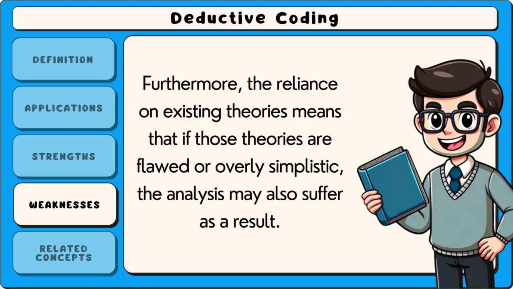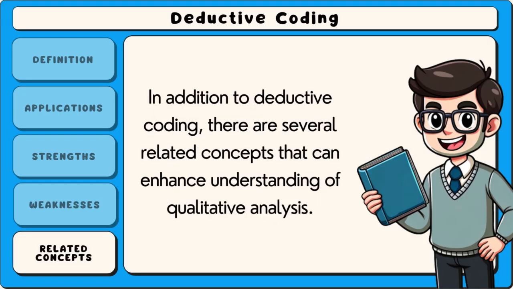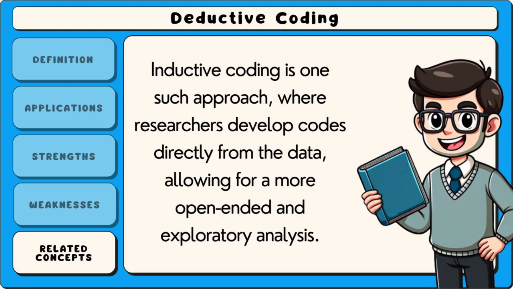In addition to deductive coding, there are several related concepts that can enhance understanding of qualitative analysis. Inductive coding is one such approach, where researchers develop codes directly from the data, allowing for a more open-ended and exploratory analysis.